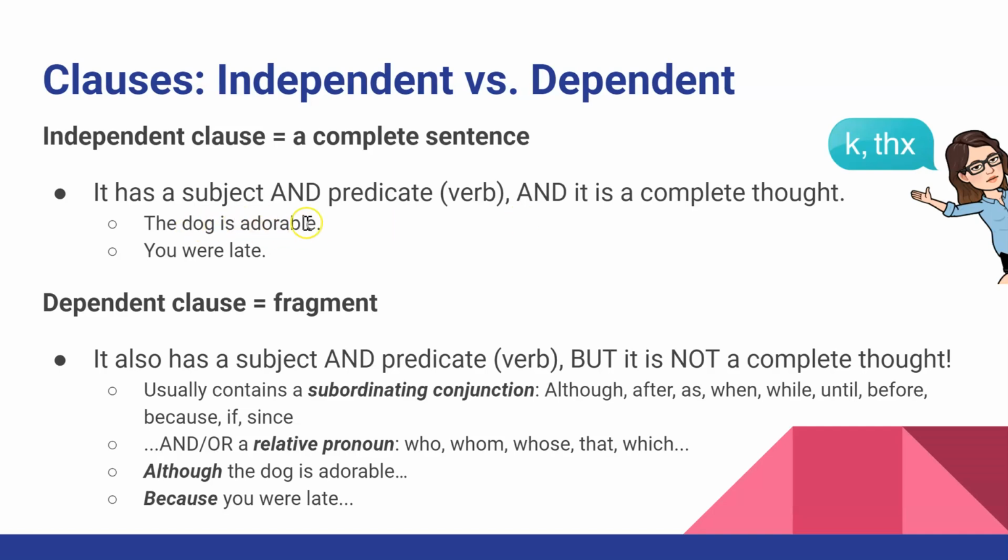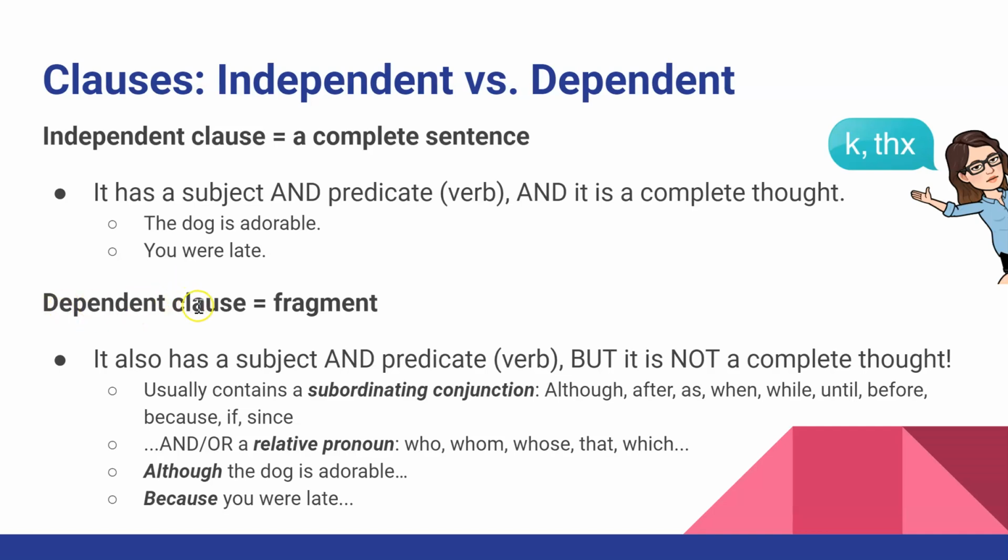Like, the dog is adorable. Dog is my subject, the word is my main verb, and it's fine. The sentence isn't awkward, it doesn't leave me hanging. Or even just a short sentence like, you were late. That counts as complete. It's short, but it has a subject, you, and my verb. Okay? Just because it's short doesn't mean it's a fragment or something.